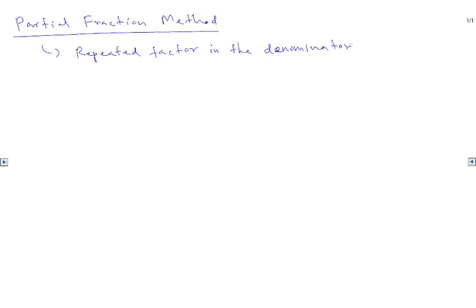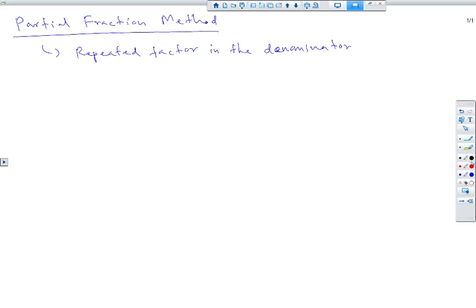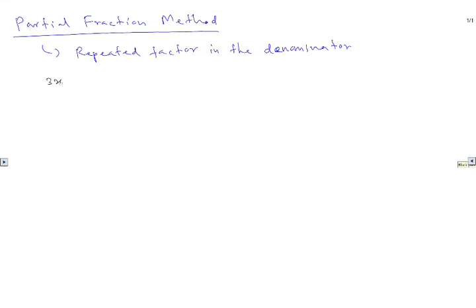So for example, let's look at a situation. It doesn't matter whether it's linear or quadratic or any other higher-order factor, but let's say we have (3x + 2) over (x - 1) squared.